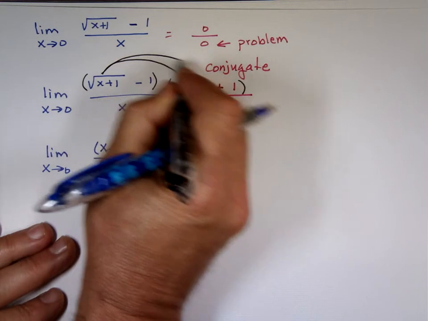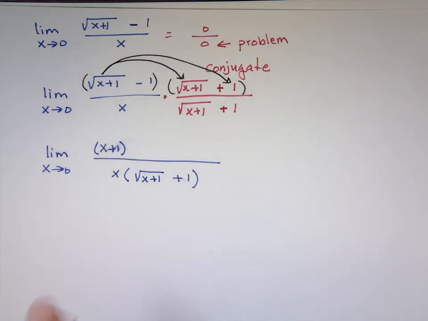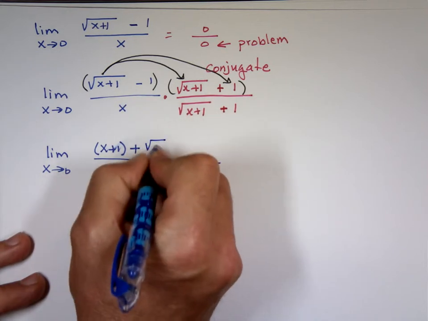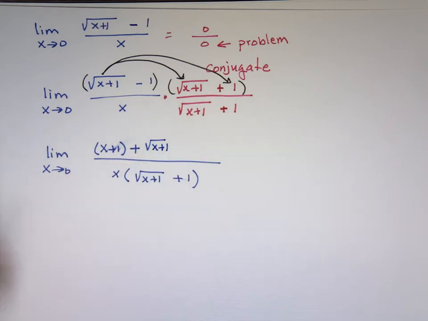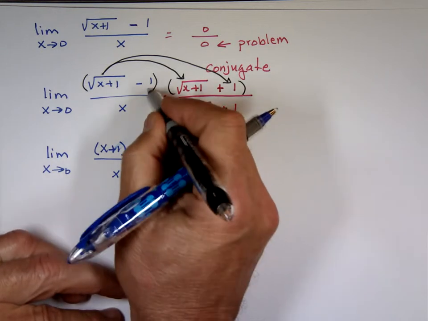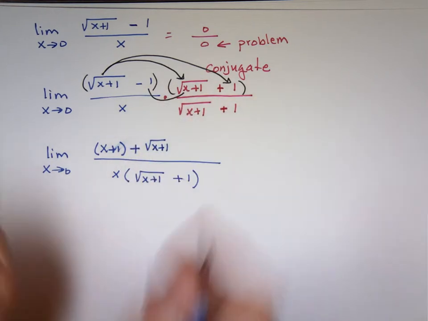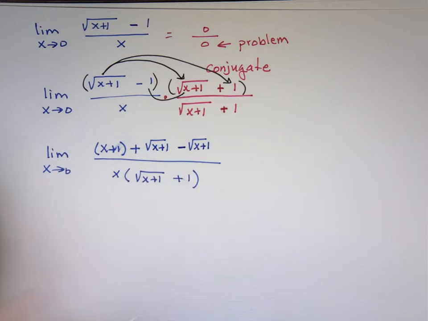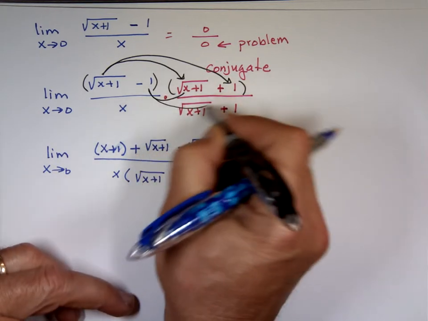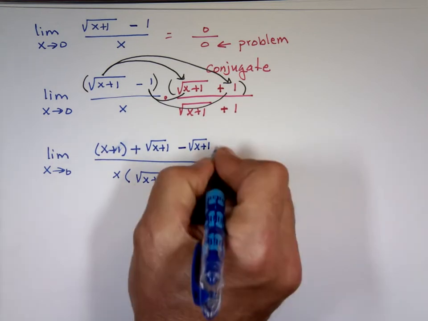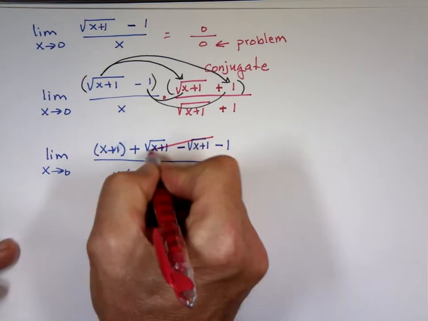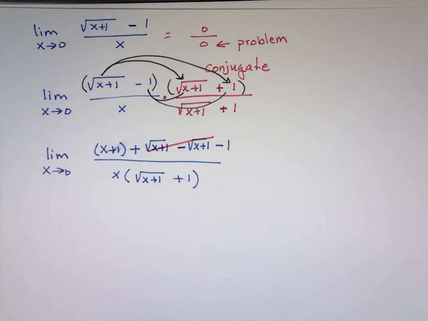This times this is x plus 1. What's minus 1 times the square root of x plus 1? Minus the square root of x plus 1. And what is minus 1 times a plus 1? Minus 1. The reason we use the conjugate is that these two will cancel each other out every single time.